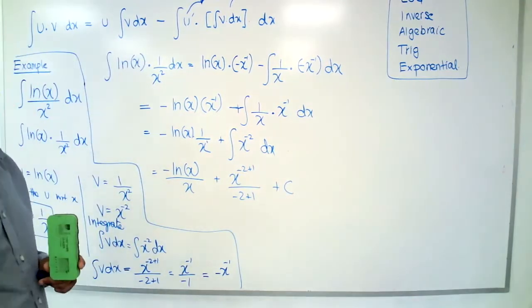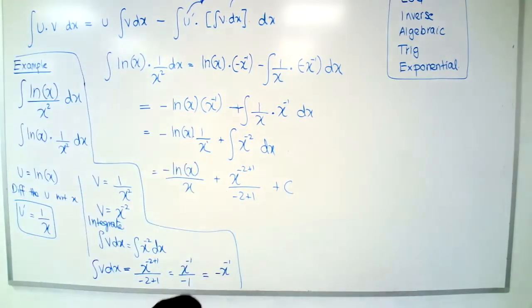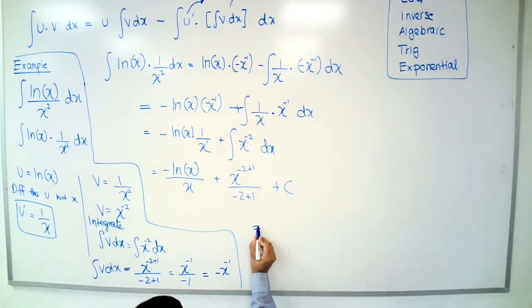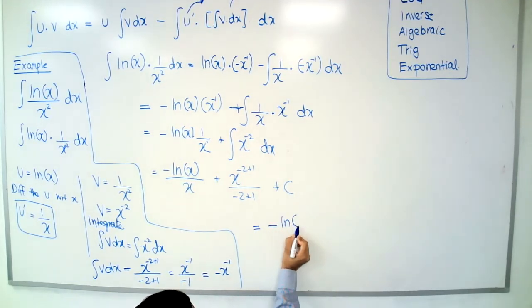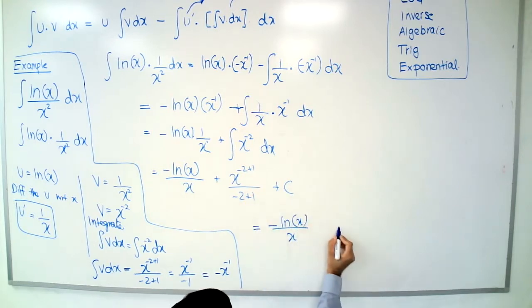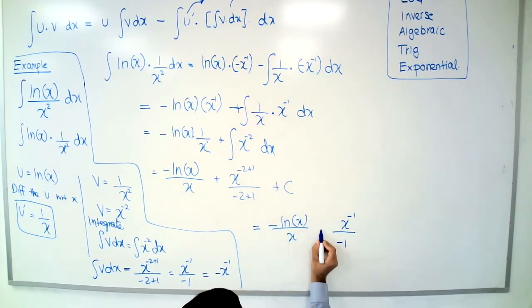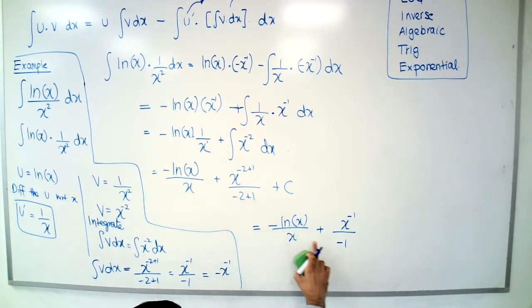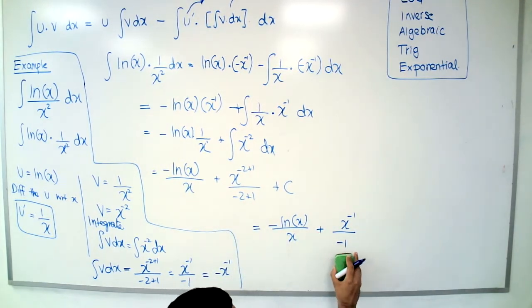So I need to do one more step and then that's it. Minus ln x over x. This becomes x to the power minus 1 divided by minus 1, and there's a plus. Minus 2 plus 1, this minus 1 and plus 1 becomes minus.